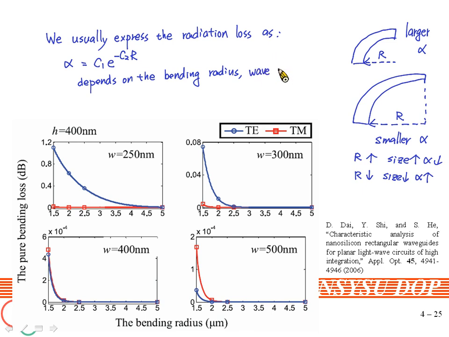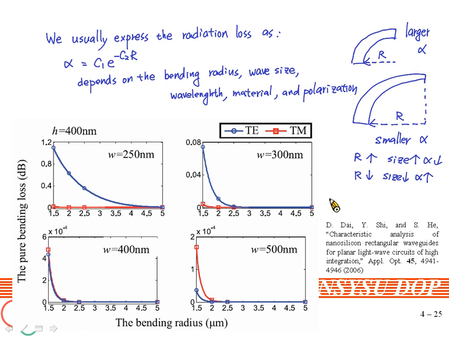The waveguide size here means the core size, and it will also depend on the operation wavelength, material index difference, and polarization. Let's use the following figures to explain how the radiation loss depends on these parameters.